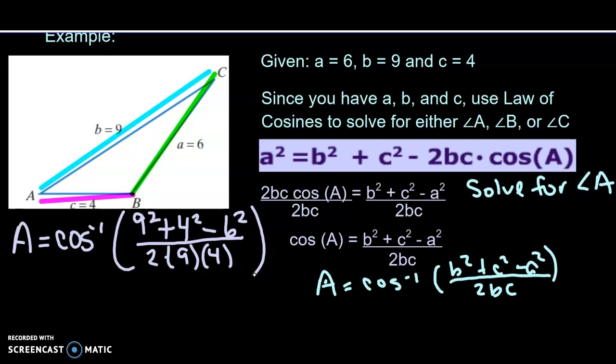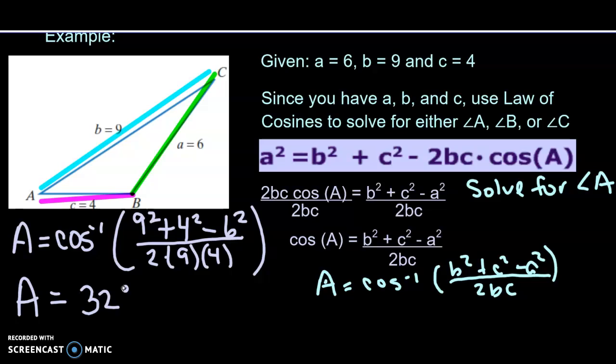I am going to plug in, starting with cosine inverse, and then 9 squared, make sure you put the division, plus 4 squared minus 6 squared, all over 2 times 9 in parentheses, 4 in parentheses, and you should get that the angle A is 32 degrees, rounded to the nearest degree. So we have solved for angle A.